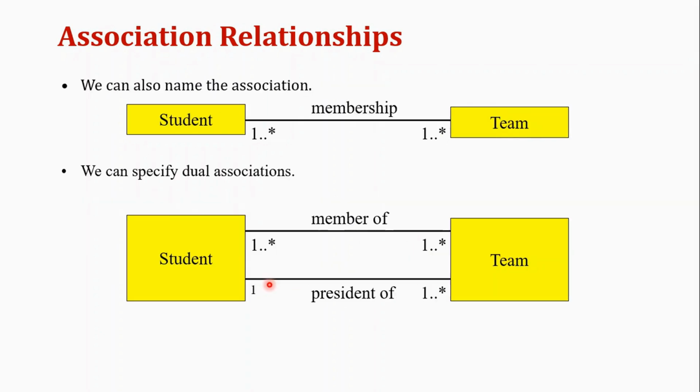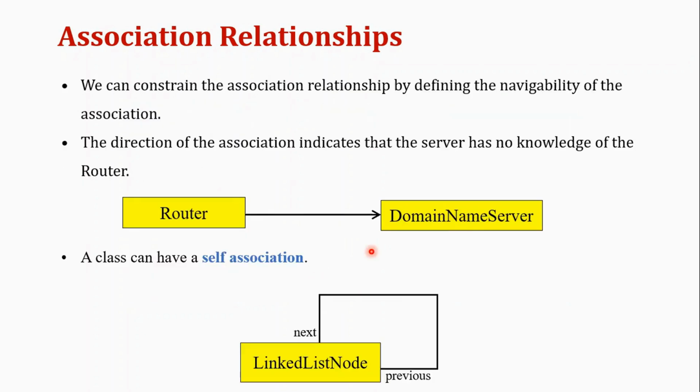Sometimes we are also able to name the membership. A student is a member of a team, which means a student is a member of one to many teams. A team has members, one to many students, vice versa. So that is the association.